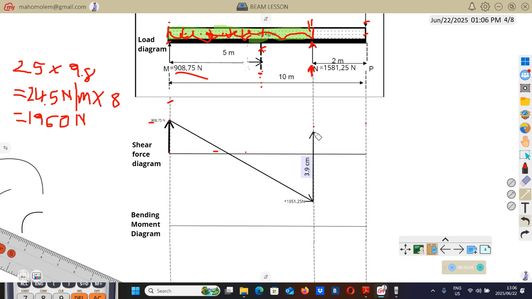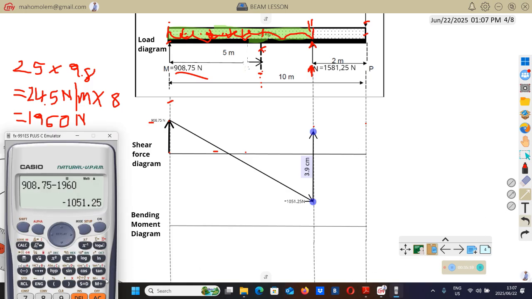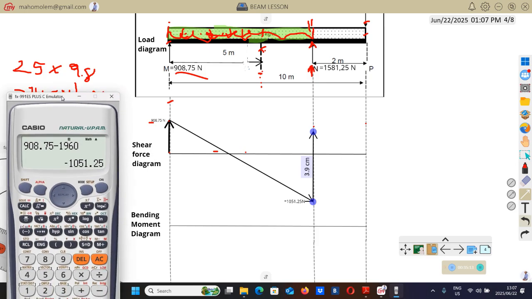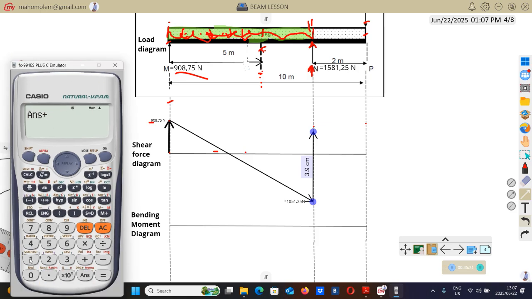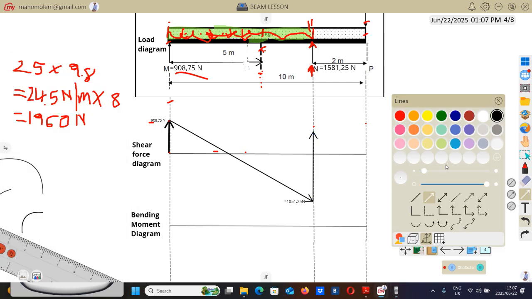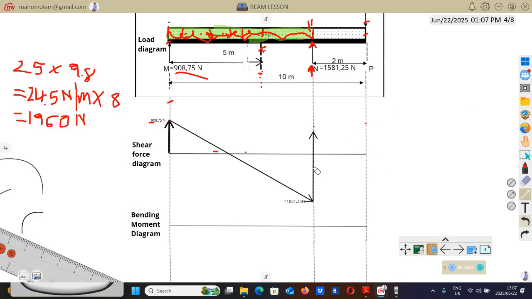To know where this line is going to stop, you will say negative 1051.25 plus 1581.25 equals 530.